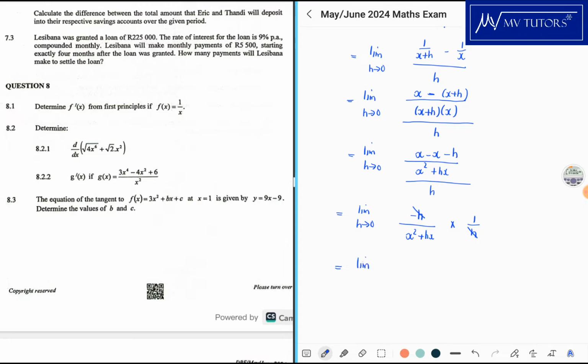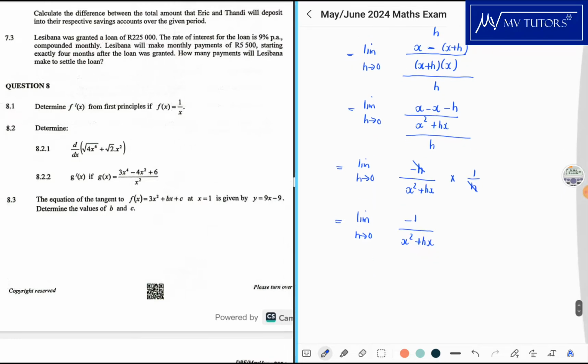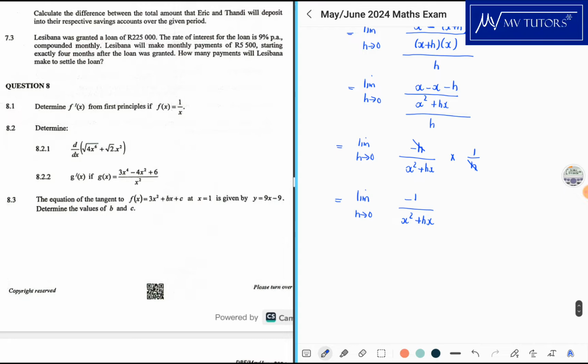So I have the limit as h tends to 0 of negative 1 over x squared plus hx. Now I can substitute 0 in the place of h, so this term ultimately falls off. And then my final answer, whenever you write your final answer, do not write the limit as h tends to 0. We are done with that now. So our final answer is negative 1 over x squared.